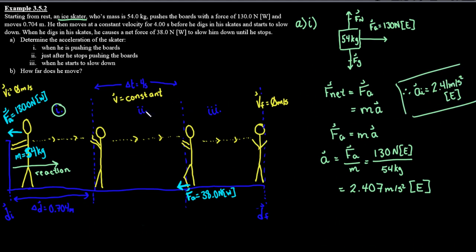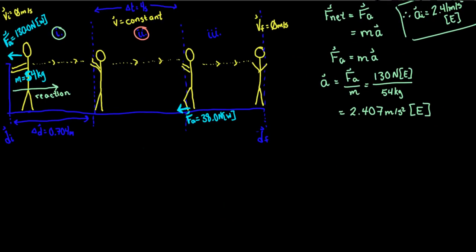Now we're going to take a look at the second portion here. So after he accelerates at this rate, he travels a distance of 0.704 meters, excuse me. Then from that point on, he travels at a constant velocity. So remember that a constant velocity means something for us in terms of the forces acting on him.